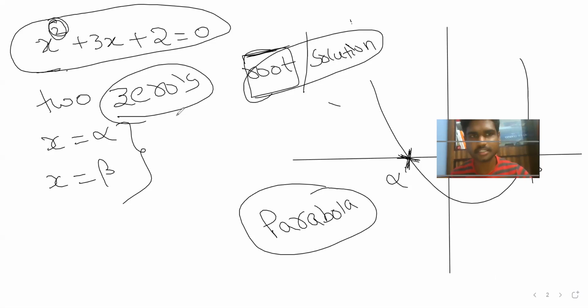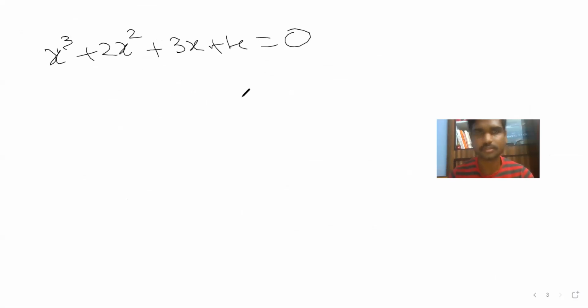This is a polynomial, but not the only polynomial. A polynomial can be like this also: x cube plus 2x square plus 3x plus 4 equal to 0. This is also a polynomial.